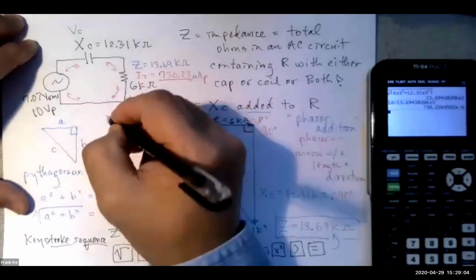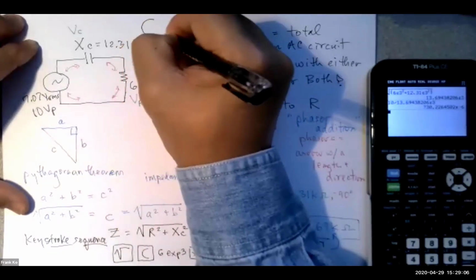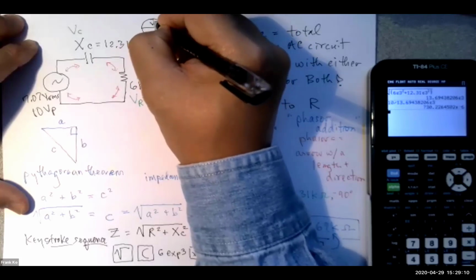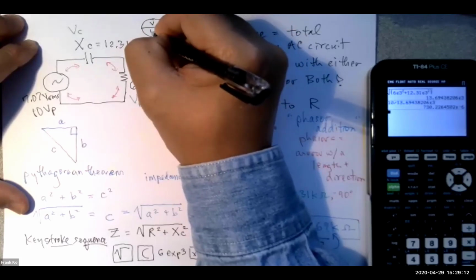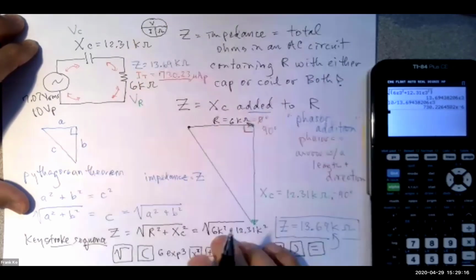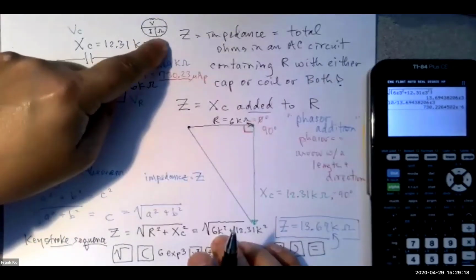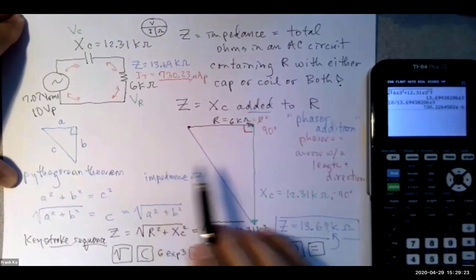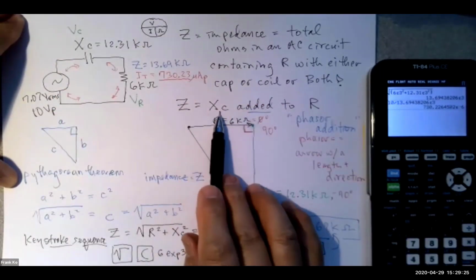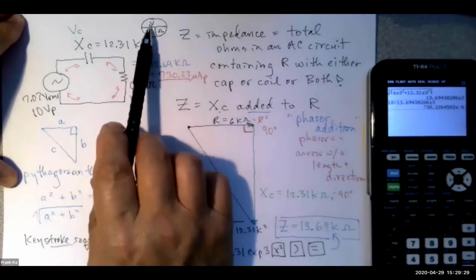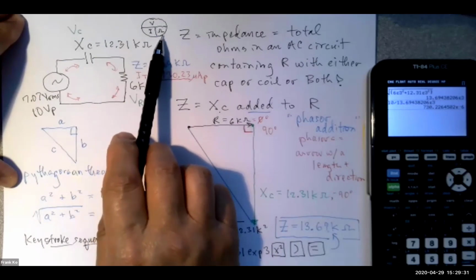According to Ohm's law, my V is equal to I times the omega symbol instead of R, because ohms applies to X sub C and to Z. So if I want V, it's simply current times those ohms.